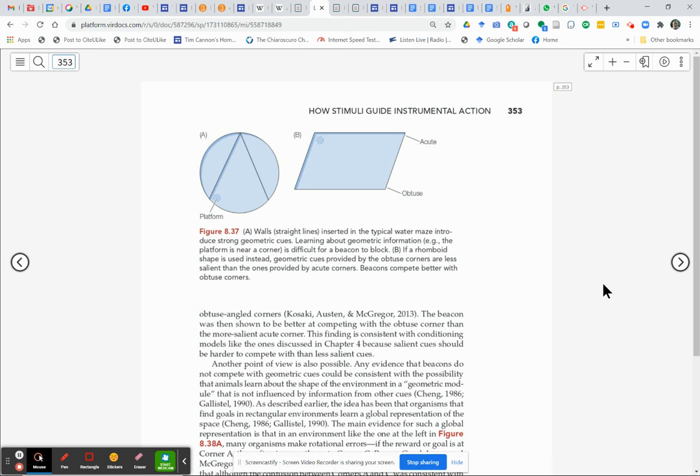So here you have different angles, and it's a little hard to see that the thing on the right is not a rectangle. It's a rhomboid, so it has larger than 45-degree angles and shorter than 45-degree angles.